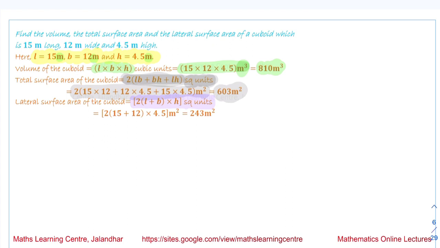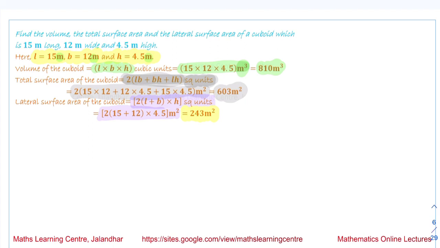So the value we get it is 2 times 15 plus 12, length plus breadth, into height, 4.5 meter square. And the final answer we get it is 243 meter square. So this is the lateral surface area of cuboid.